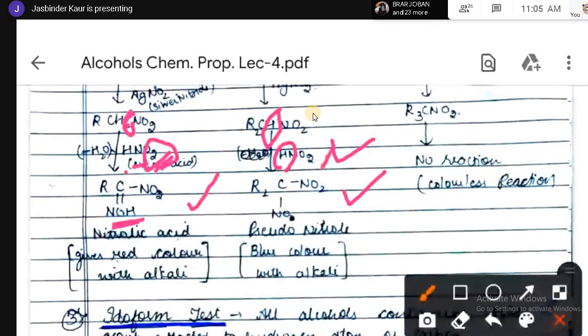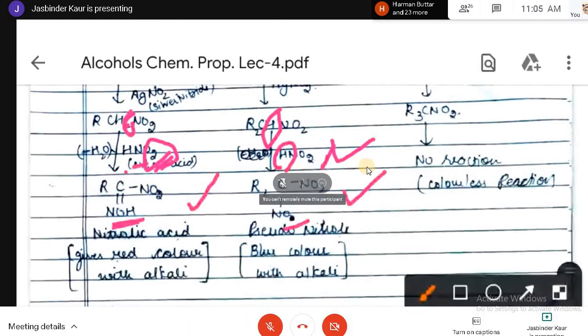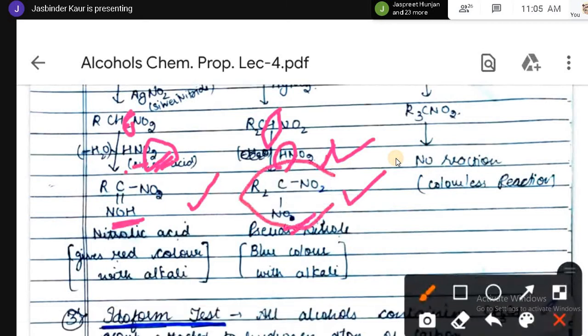Water is removed and leaves R2C NO2, and this NO2 is from nitrous acid. So this product formed gives blue color in alkaline solution.